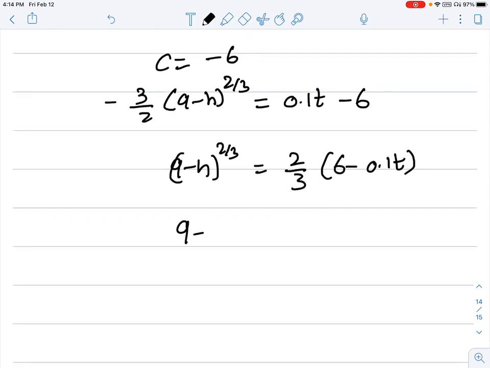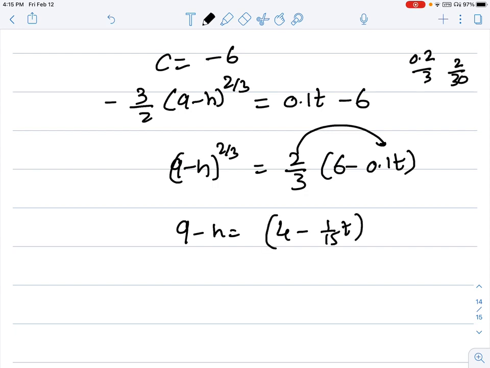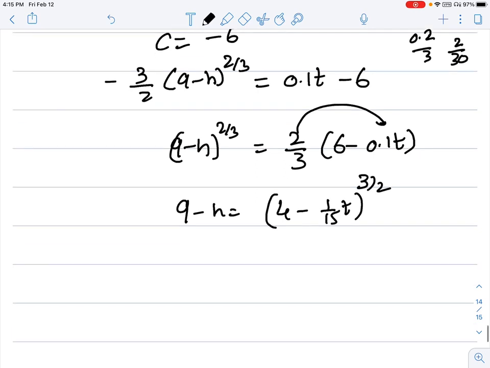Then 9 minus h is equal to, I can multiply this one also, 2 upon 3 times 6 is 12 by 3, which is 4, minus 0.1 times 2 upon 3, which is 0.2 upon 3, it is 2 by 30, which means 1 upon 15 t, whole power 3 by 2.